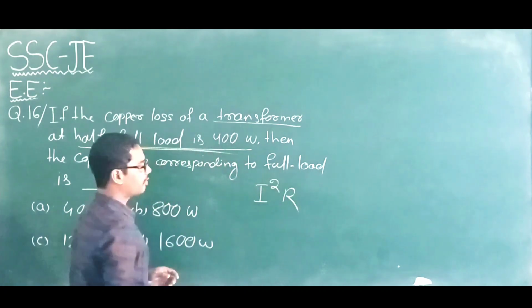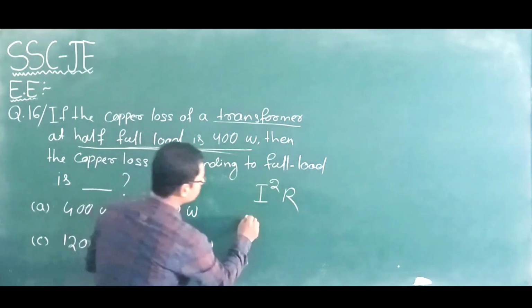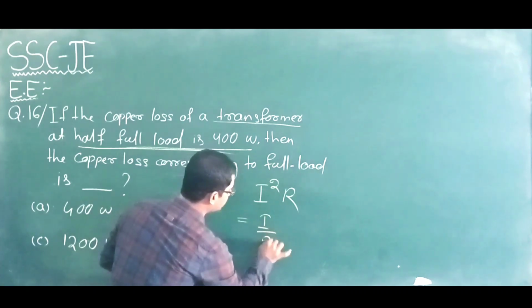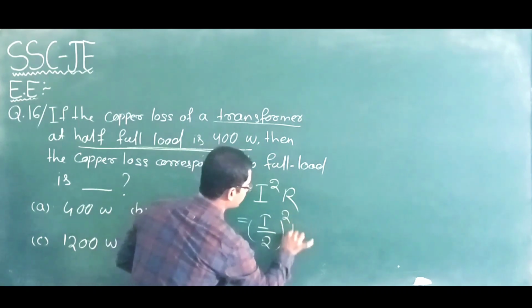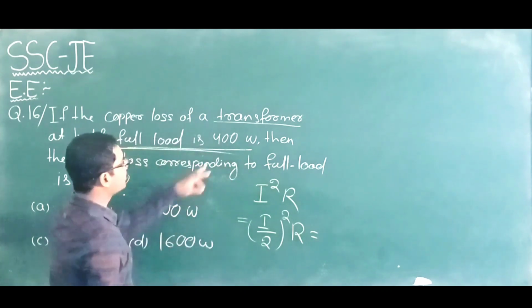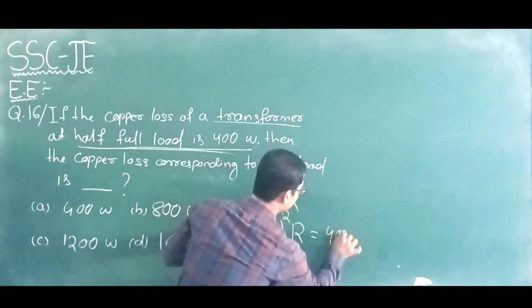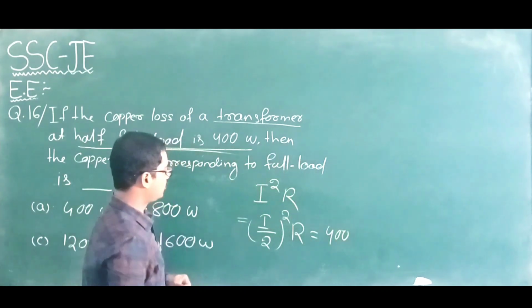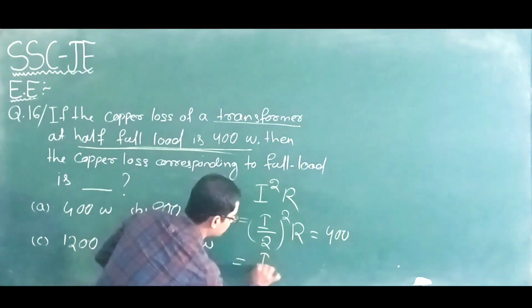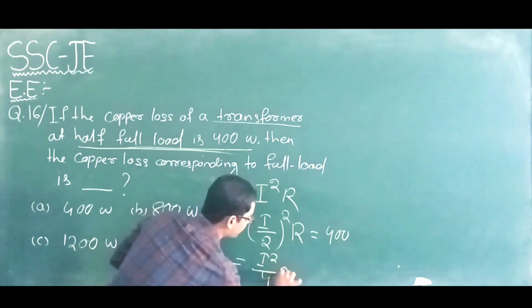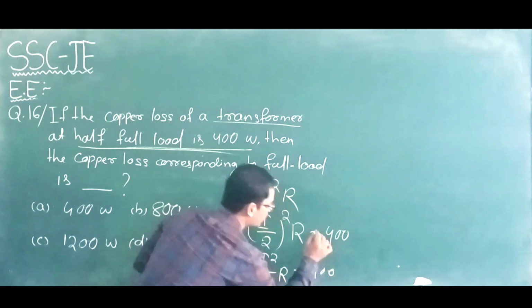We know that copper loss is I square R. At half load it will be (I by 2) square R, equal to the given 400. So I square by 4R is 400.